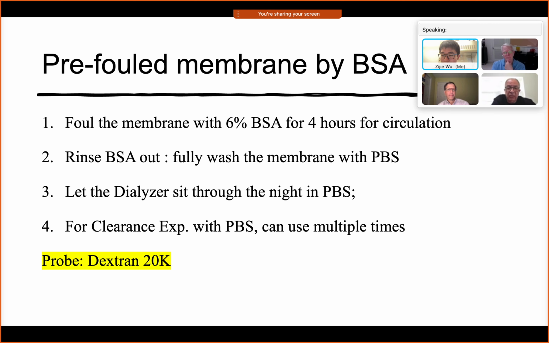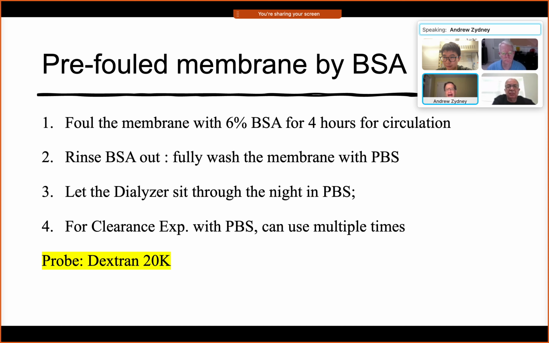Andrew, do you have more general comments on how you see this project moving? Yeah, the plan looks very appropriate in terms of the path forward. I do agree that there is some uncertainty as to how to best do the fouling.